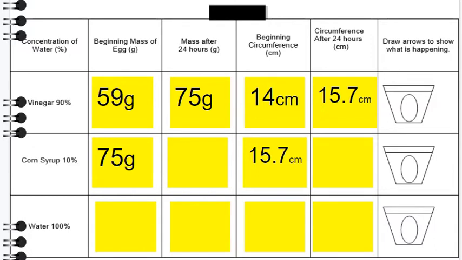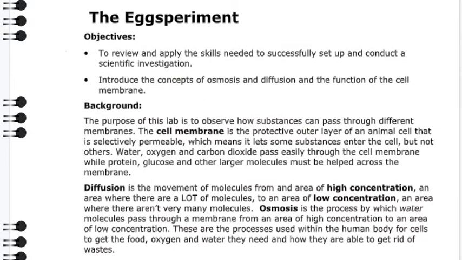The water molecules want to pass through that membrane and even out the concentration on both sides of the membrane. That's why the water passes through into the egg. So the process that's happening there is osmosis, right? Specifically osmosis because it's dealing with water concentrations, right? We could also say it's diffusion because diffusion could be water, could be oxygen, could be CO2, could be other things. But specifically because it's water, we call it osmosis.